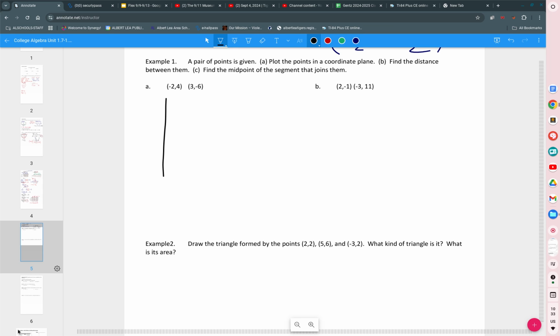So I'm going to plot these. It doesn't have to be a perfect graph. Just going to draw it well enough so that I can kind of assess the reasonableness of my answer.